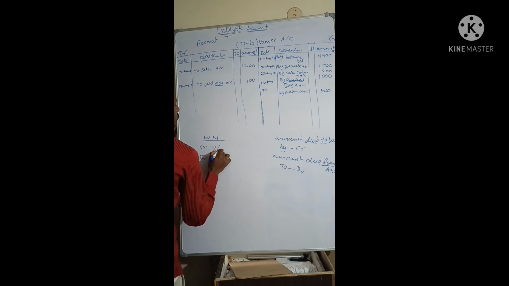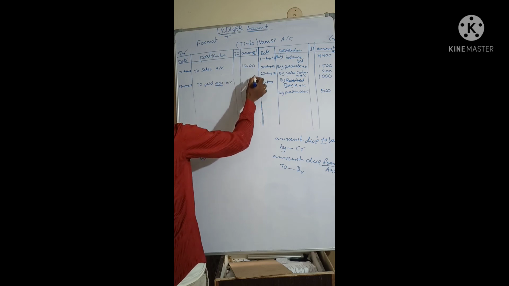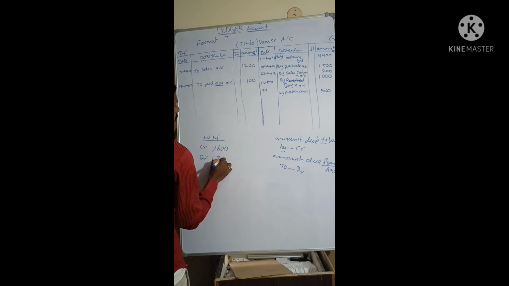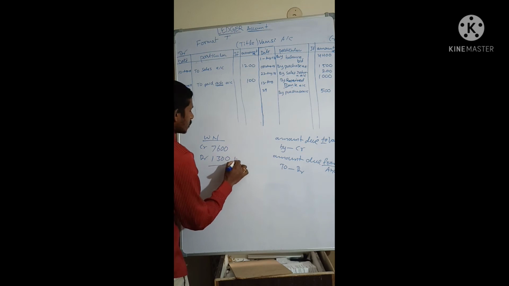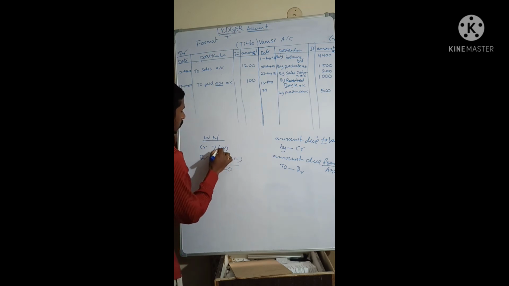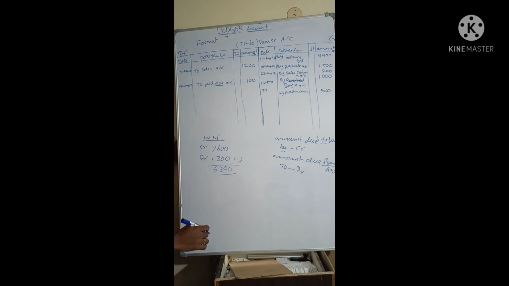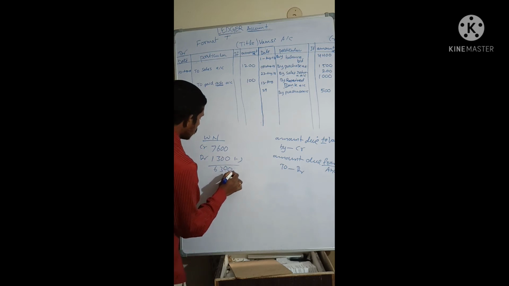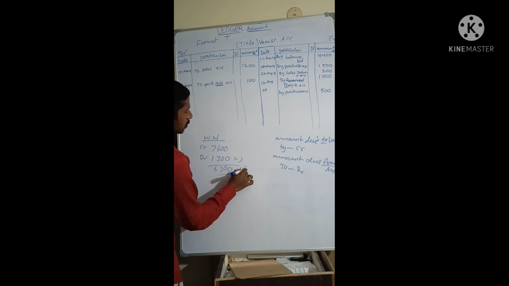Next, debit side 1200 plus 100, 1300. So do it minus, highest minus lowest. Highest credit side, credit minus debit. Minus I am doing, 6,300. This is the value. 6,300 is the difference amount.